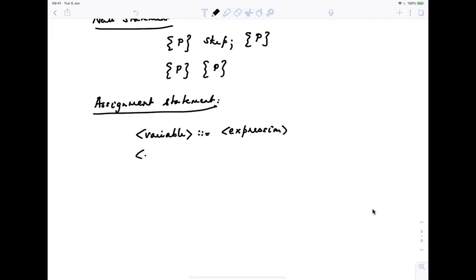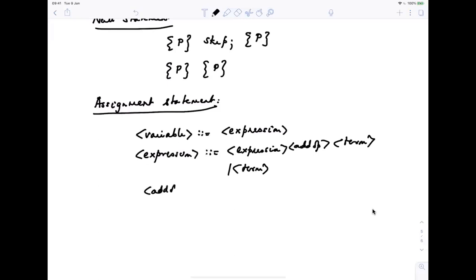And what can you say about an expression, if I write it formally: expression is term, add operator, term, and add operator is either plus or minus. I'm just writing it grammatically so that you know what I mean.